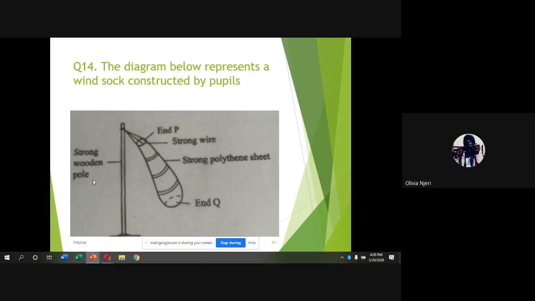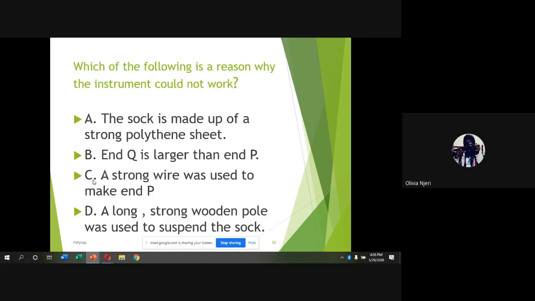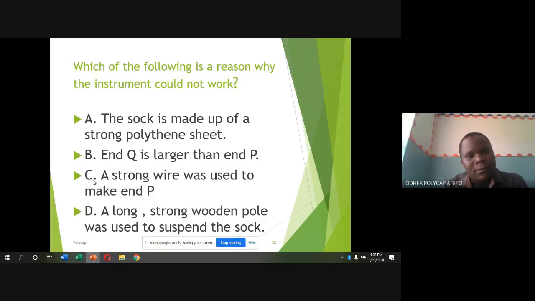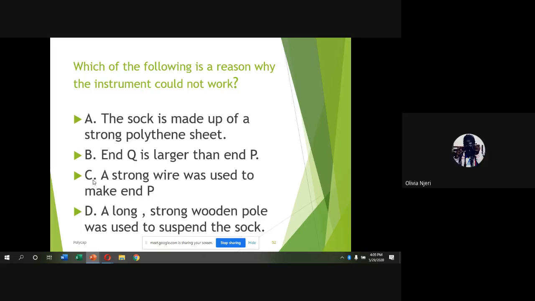Now go back to the choices. The sock is made up of a strong polyethylene sheet. So that's correct. And Q is larger than end P. A strong wire was used to make end P. A long, strong wooden pole was used to suspend the sock.